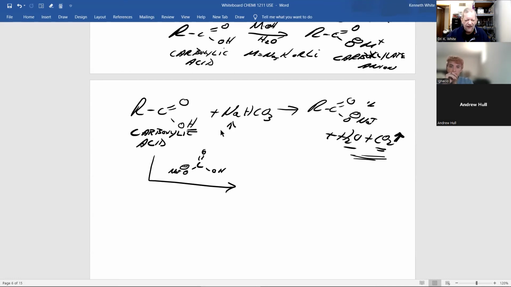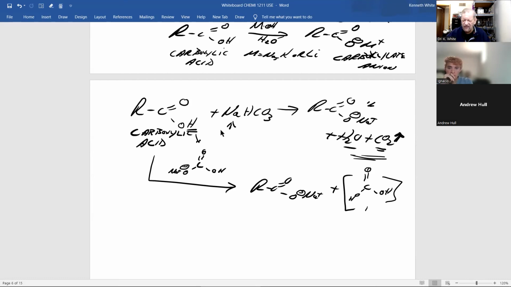This proton transfers here, and you form the carboxylate anion plus this molecule. I'm putting it in brackets because you can't isolate it. This is called carbonic acid. And what I'm writing, you'll never have to do on a test.